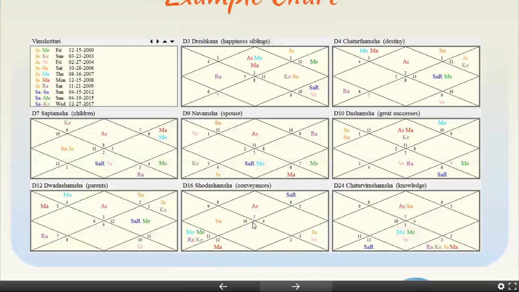And by the way, I am not a fan of sharing personal horoscopes, but this was for a very close group of students, and I guess you guys are a sort of close group of students. Here is a horoscope with D24, and there is that Jupiter in the 8th house.